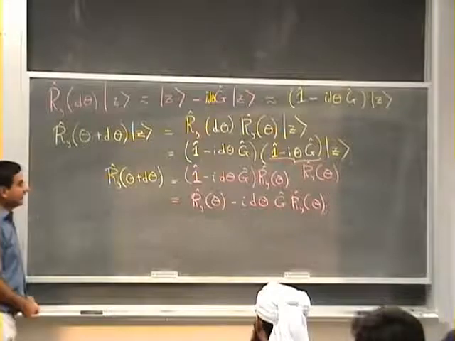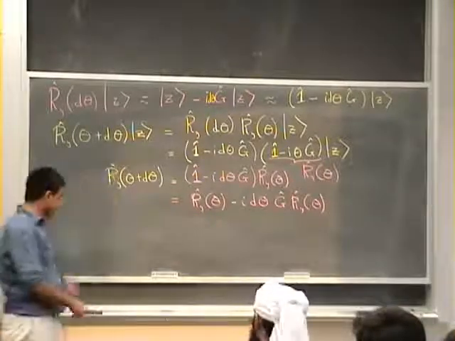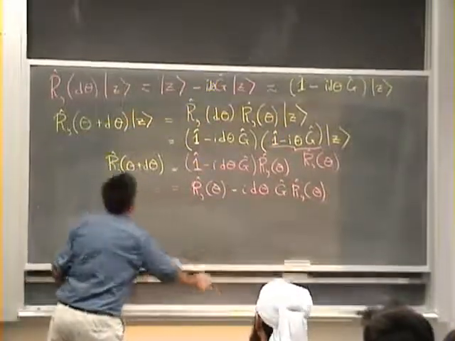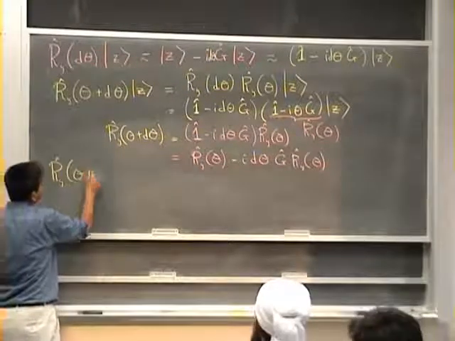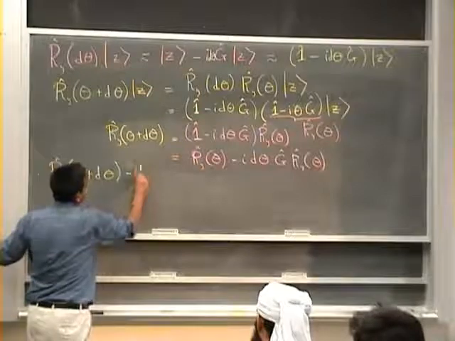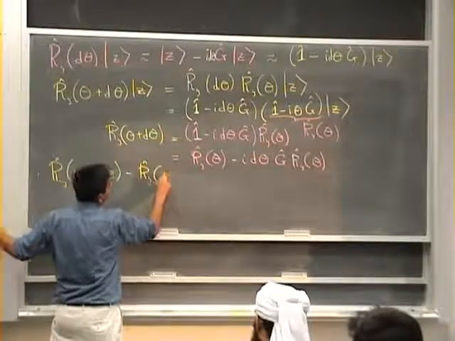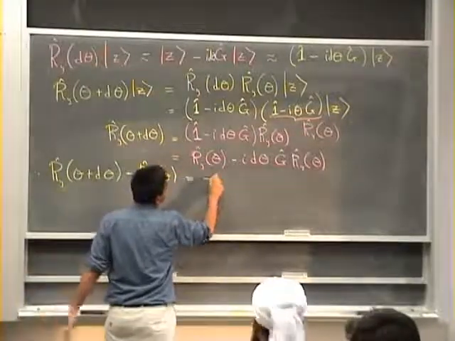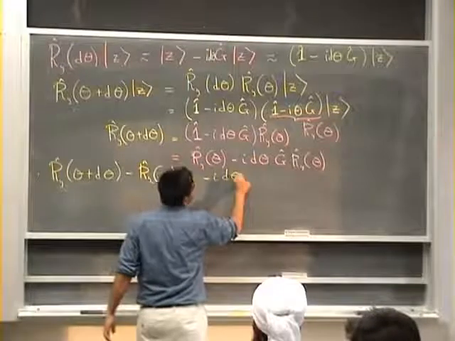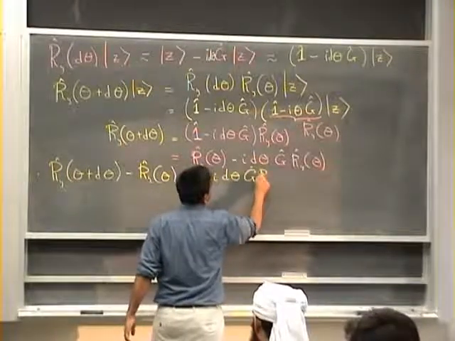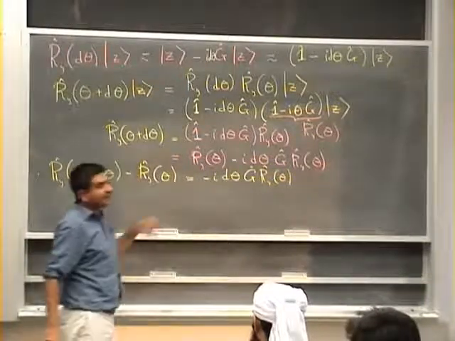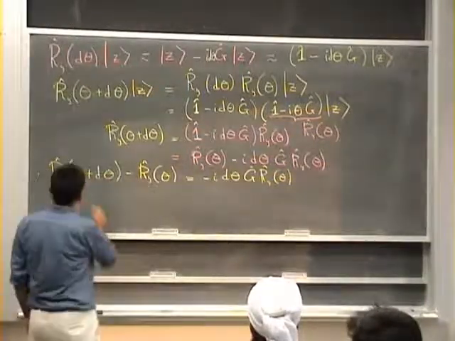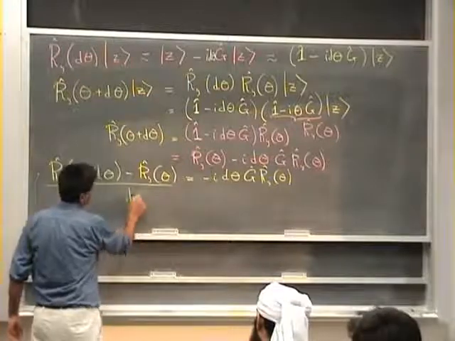Okay. Now take this R_y(theta) to the other side of the equation. I obtain R_y(theta plus d theta) minus R_y(theta). This equals minus iota d theta G R_y(theta). Now I take d theta to the right hand side. I bring d theta here.